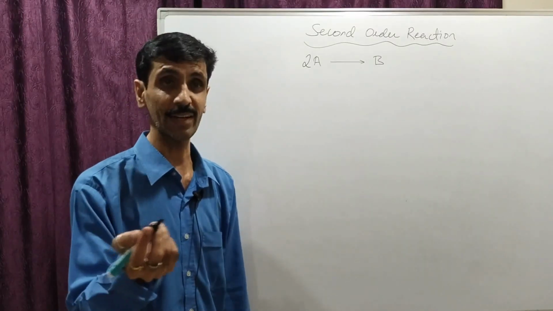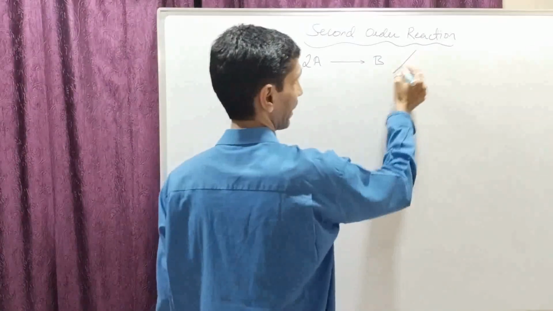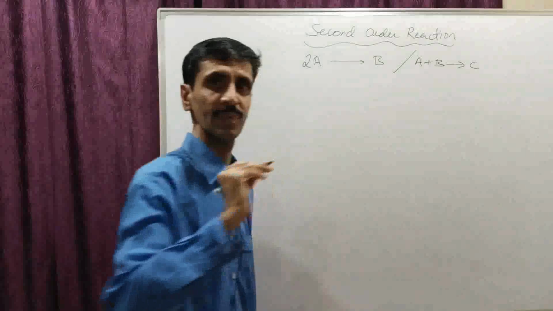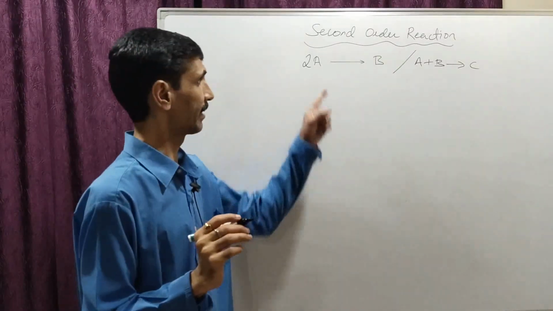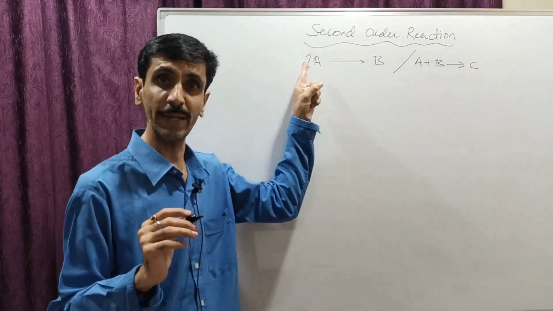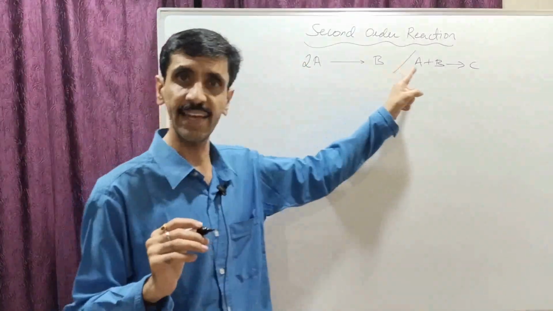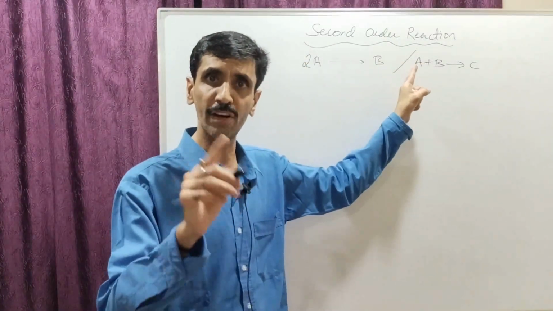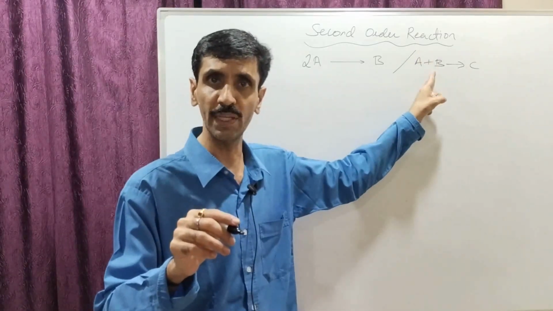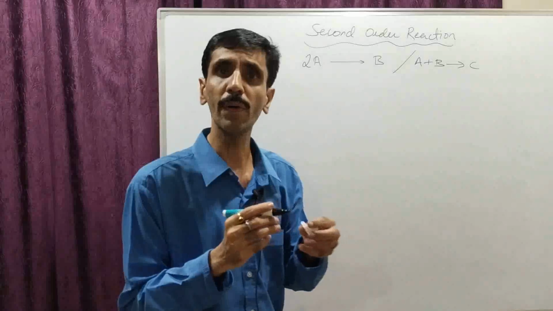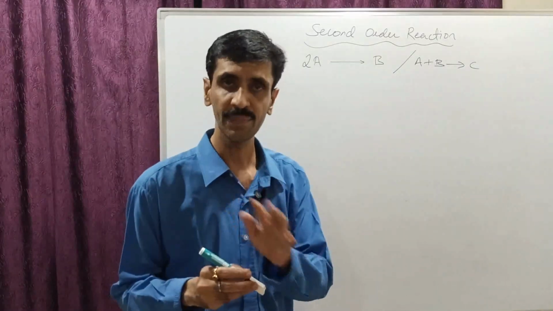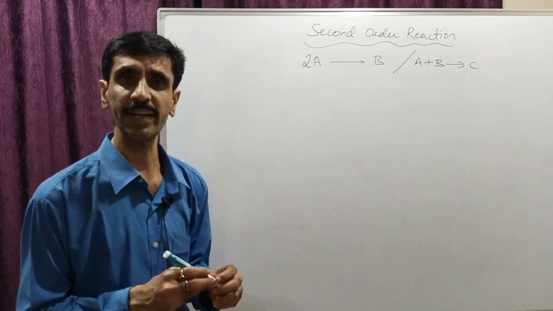So I can also write it down another way, and that is A plus B gives me C. So we say that in this case the reaction is second order with respect to A. Here I will say the reaction is first order with respect to A and first order with respect to B, and therefore the overall order of the reaction is 2. Alright? Right. We go into the next part now.